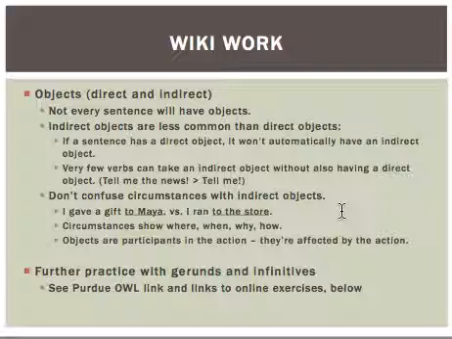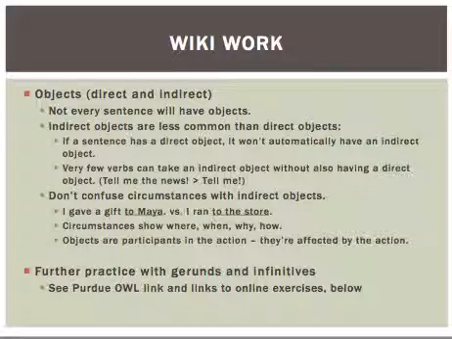I think what's confusing about them is that indirect objects sometimes have a to with them, but not every to construction is going to be an indirect object. We've got an example here. I gave a gift to Maya. Here, to Maya is an indirect object. I gave a gift, direct object. To whom? To Maya.